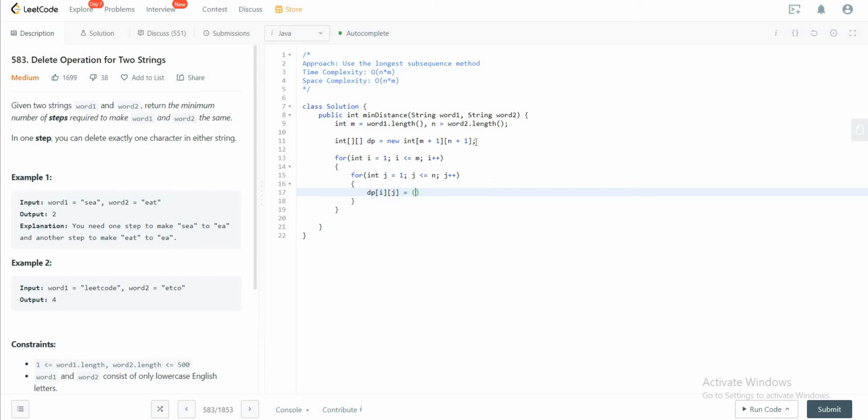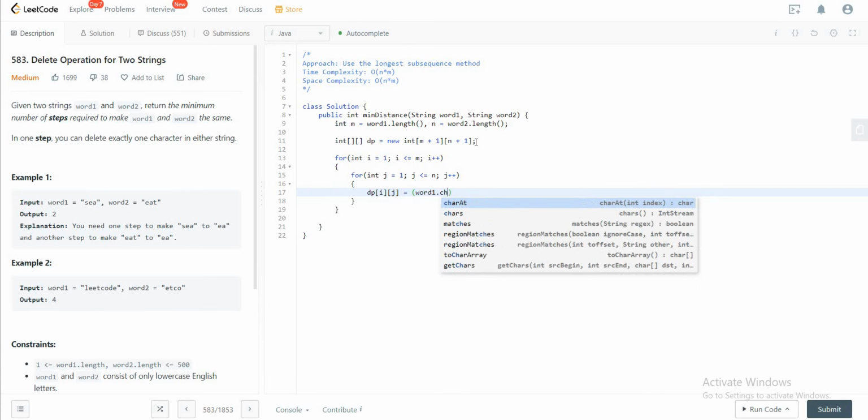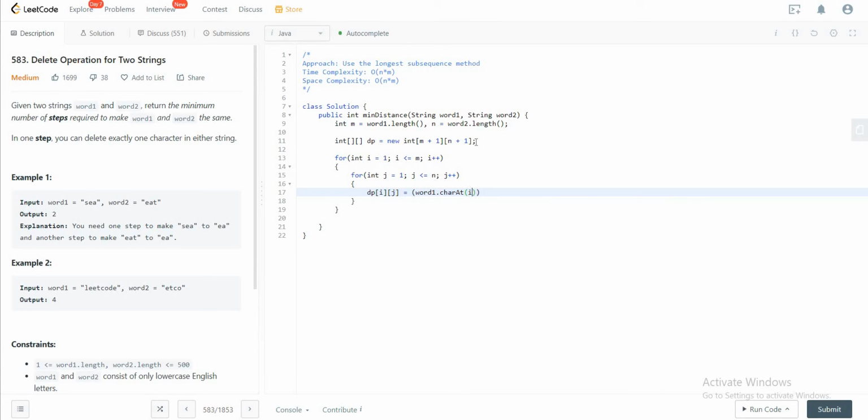You're looking at if word 1 dot character at i minus 1, since we are starting with i equals 1 and j equals 1. Since you have to start from 0, that's the reason why you're comparing that. And one of the reasons why you have this to be m plus 1 and n plus 1 is because, let me show you why.